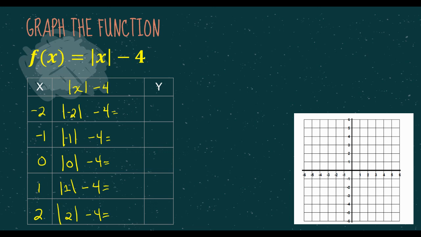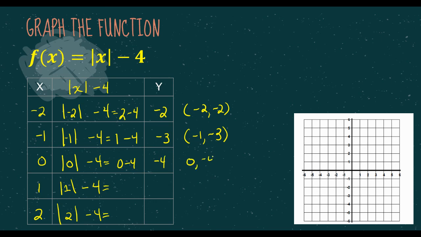So absolute value of -2 would be 2 minus 4. That's a -2. So our dot is -2, -2. Next one. Absolute value of -1 is 1. Take away 4 is -3. So -1, -3. Absolute value of 0 is 0 minus 4 is -4.